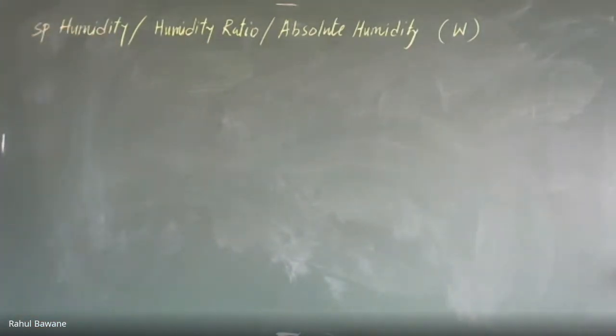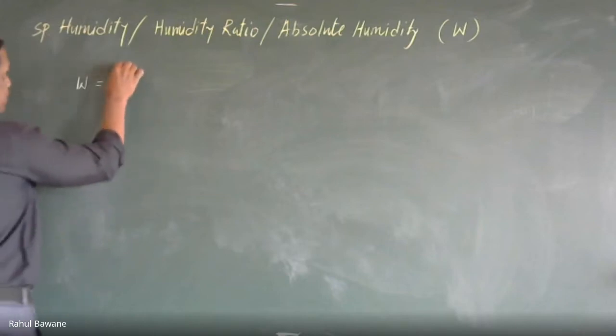Now, what is the specific humidity? Specific humidity can be defined as the ratio of mass of water vapor in wet air.